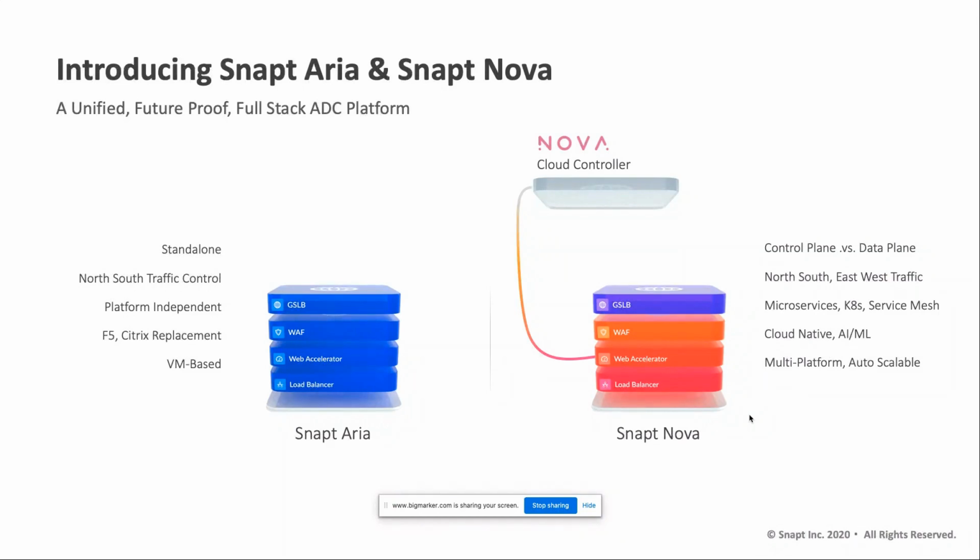Now, shifting on and looking more at the new paradigm of IT services delivery and application services, we're looking at Snapt Nova. Snapt Nova was introduced to the market in 2019, and it really aims to address the needs of those new and modern types of applications that offer the ability to scale on demand, to be able to deploy on any platform, to be able to load balance traffic and add security to microservices, Kubernetes, service mesh, and it's remotely controlled.